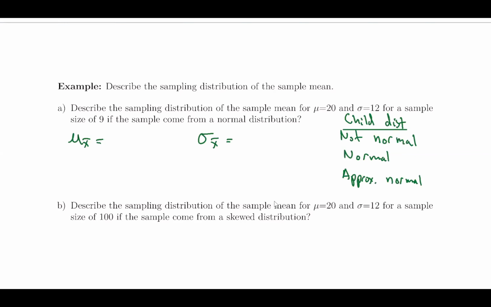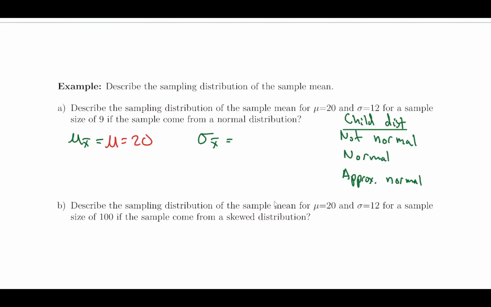All right. So if you look at the problem, it says describe the sampling distribution of a sample mean for mu equal to 20 and sigma equal to 12 for a sample size of 9 if the sample comes from a normal distribution. Let's look at mu of x bar. What is mu of x bar equal to? Mu of x bar is equal to mu. So mu is equal to what? 20, perfect.